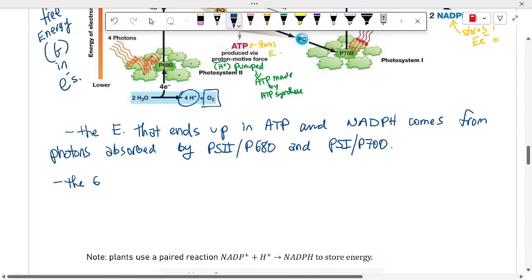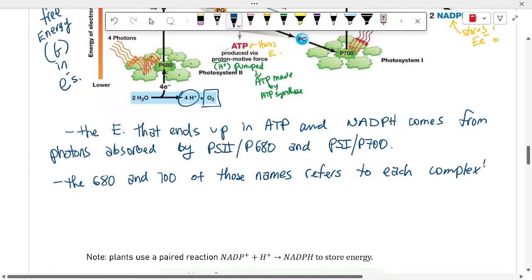The 680 and 700 of those names refer to each complex's peak red light absorbance wavelength, measured in nanometers.